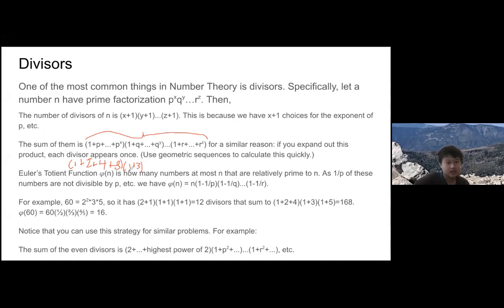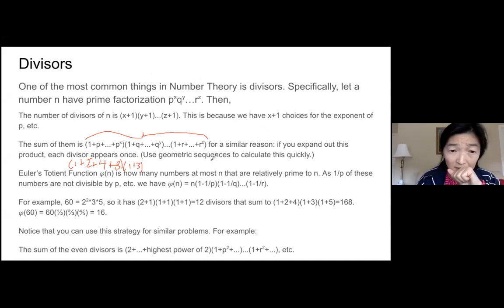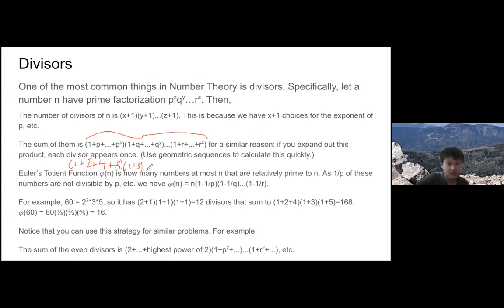And when you expand this, you'll notice that every single divisor appears exactly once, because it's a product of some power of 2 and some power of 3. So for 24, the first part is 15 and the second part is 4. So the total sum will be 60. That way you don't have to go through adding all 8 of them.